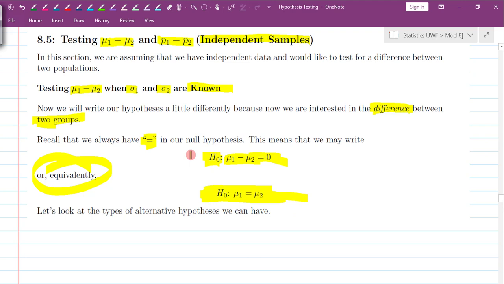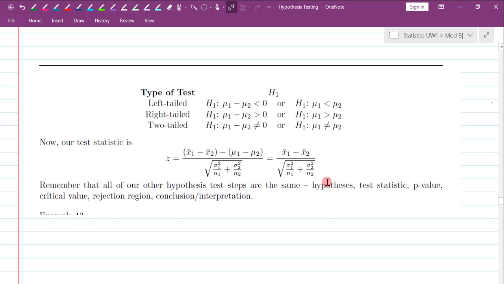So let's look at different types of alternative hypothesis. We have our left tail test, which would be that mu1 minus mu2, remember it points left, is less than 0, or I could write it as mu1 is less than mu2, again following simple algebra.